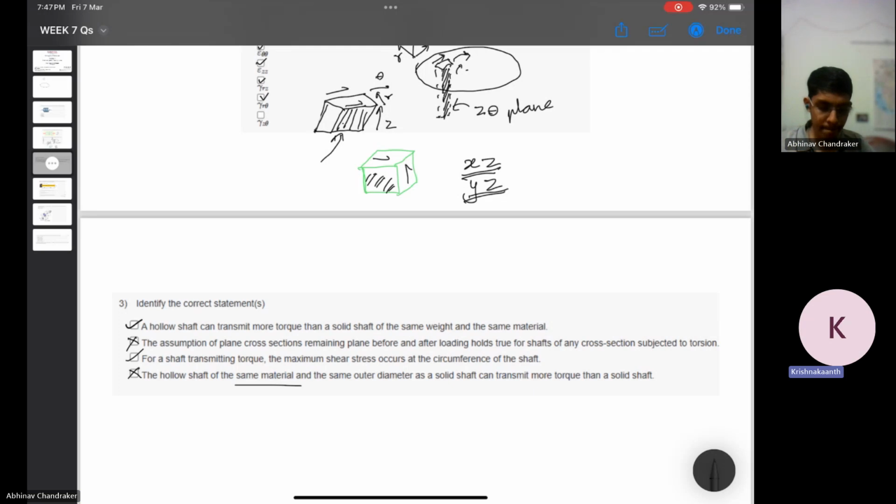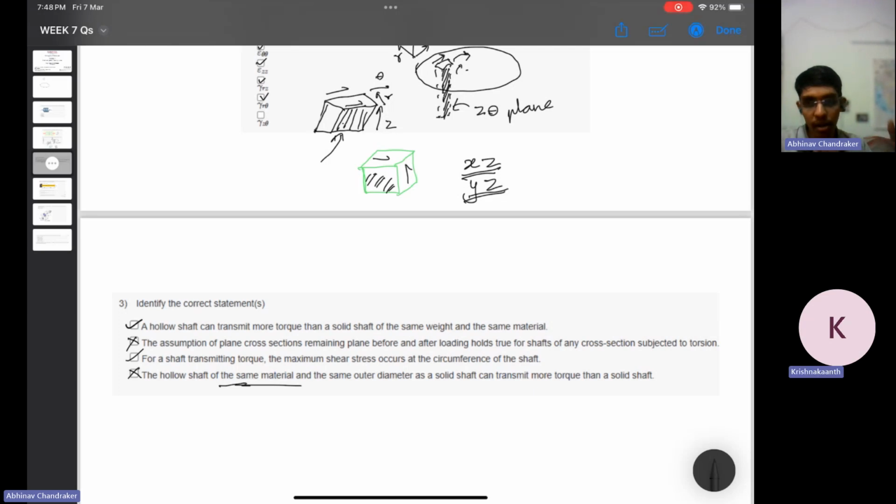By seeing the same material, what I thought is they had been using the same amount of material. Yeah, I got your confusion, but that's not the case. A simple way to understand this is that if you are removing some material, the twisting movement which was being accommodated by that material in the inner diameter is not there anymore, right?